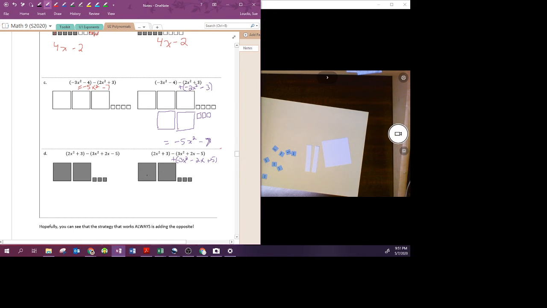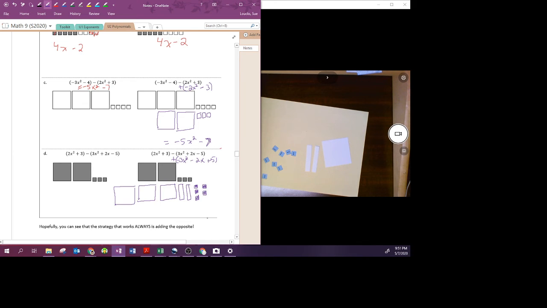So I'm going to draw that in. So I'm going to add 1, 2, 3 negative x squareds minus 2x plus 5. 1, 2, 3, 4, 5.